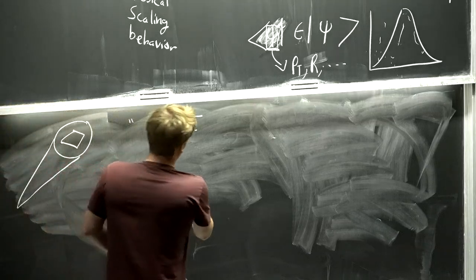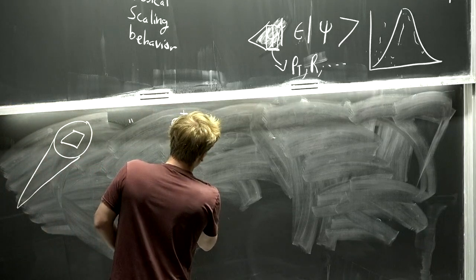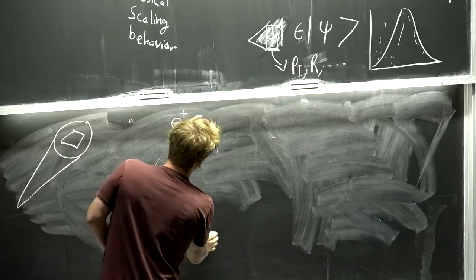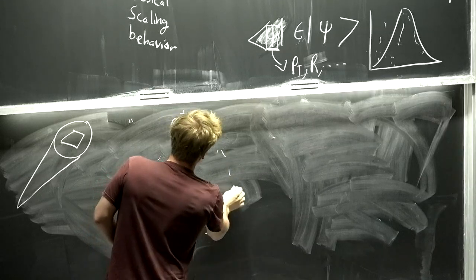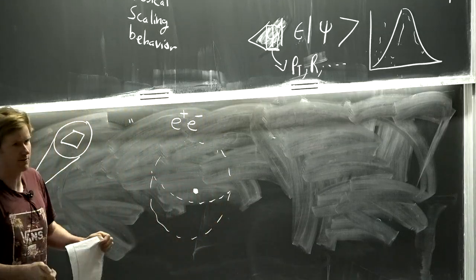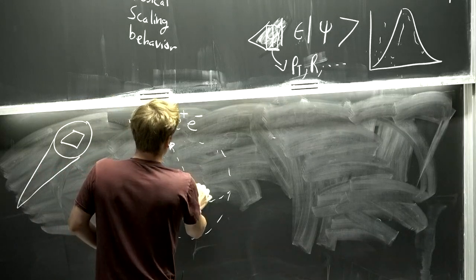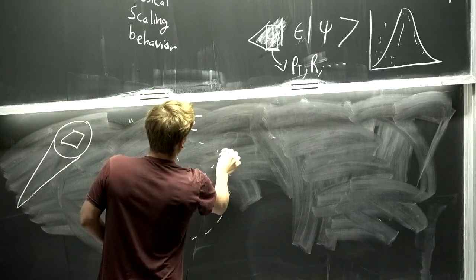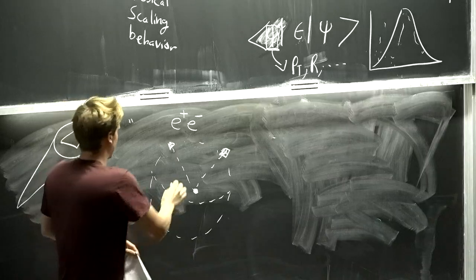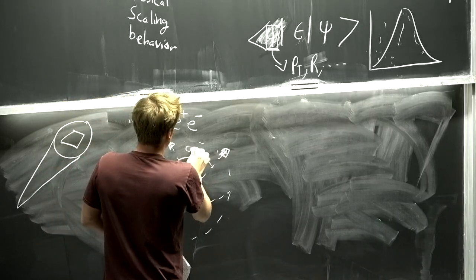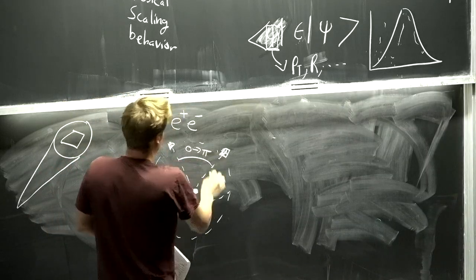So here you really have some kind of local source, and then you really have a nice full sphere. And so you can really measure these correlation functions from having an angle between them that's 0 all the way to pi. So you can have an angle between them that's going from 0 to pi.